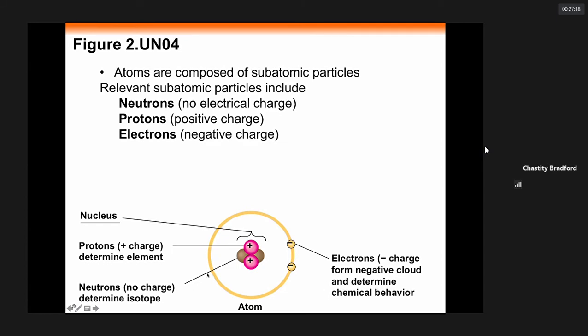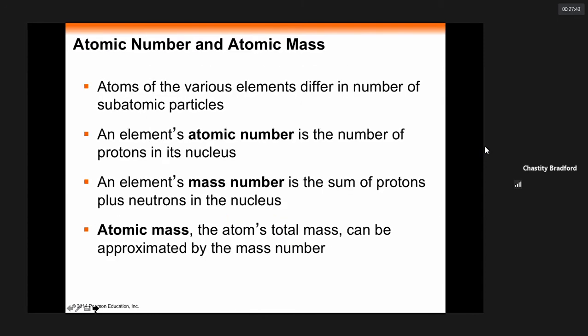We're getting ready to jump into the isotope, but I want you to understand, electrons determine what? What do electrons determine? Put it in the chat. The chemical behavior of this atom. How this atom behaves is determined by the electrons.